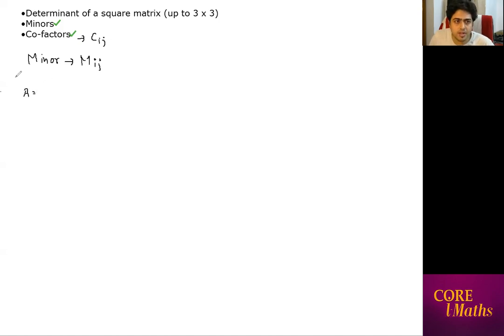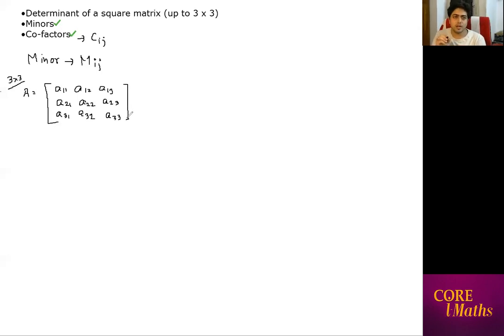For any 3x3 order matrix, this is the base structure: A11, A12, A13, A21, A22, A23, A31, A32, A33.